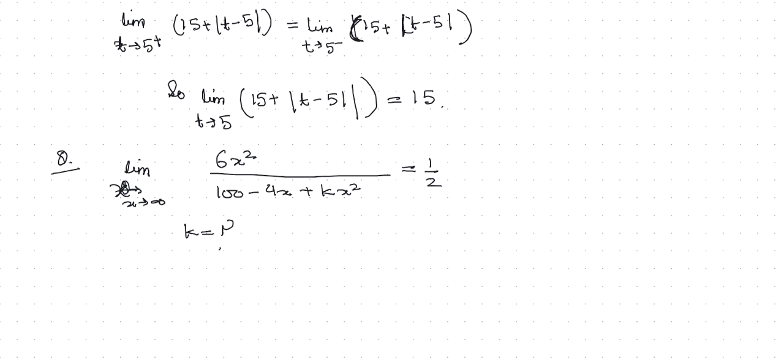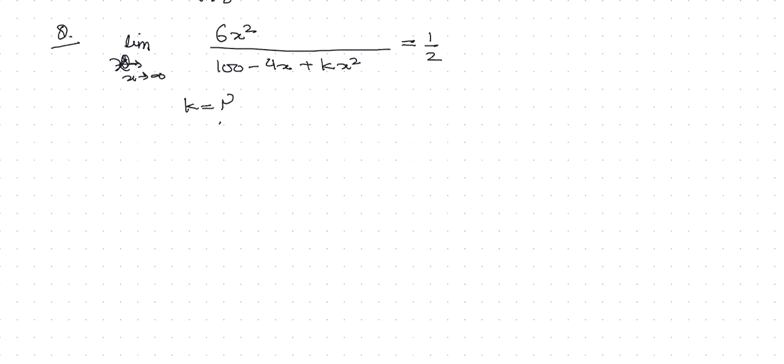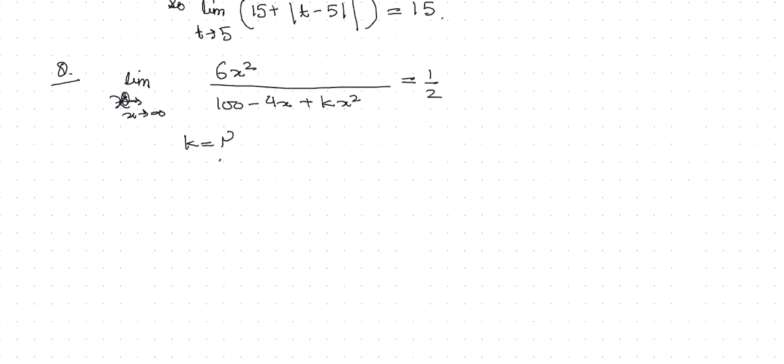So in this what we can do is divide numerator and denominator by the highest power of x. So x tends to infinity, 1 by x square, 6x square.